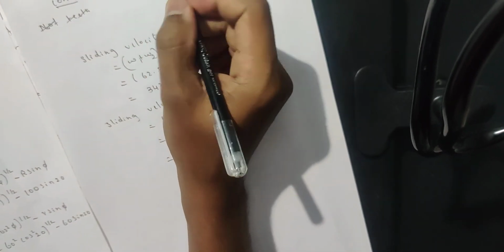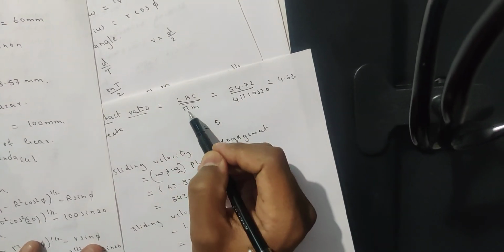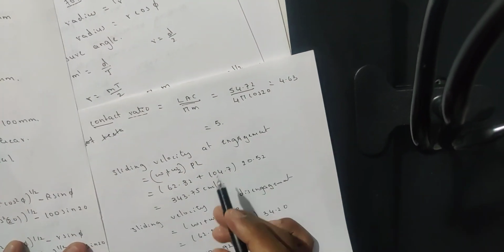Because of this contact ratio and sliding velocity, we have to solve different parameters to reach this particular ratio. Length of arc of contact, if you just observe here, and sliding velocity.